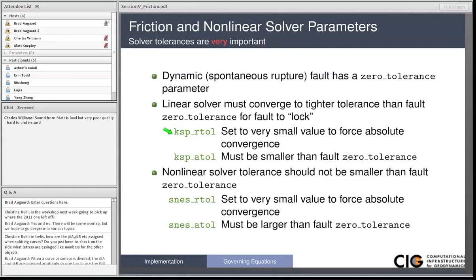We'll set the relative tolerance to something like 10 to the minus 20, our zero tolerance to maybe 10 to the minus 10 or 10 to the minus 12, and then we'll set our KSP absolute tolerance to be usually about 1, sometimes 2 orders of magnitude smaller than zero tolerance. Now for our nonlinear solver tolerance, we want it to be just a little bit bigger than the zero tolerance so that we actually will converge in a nonlinear solution.